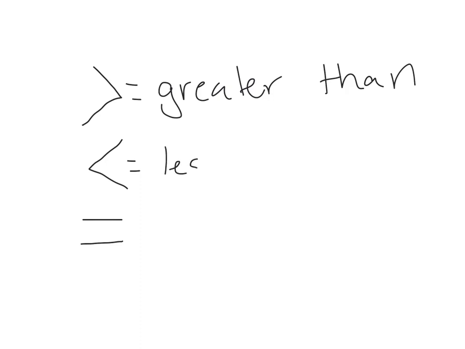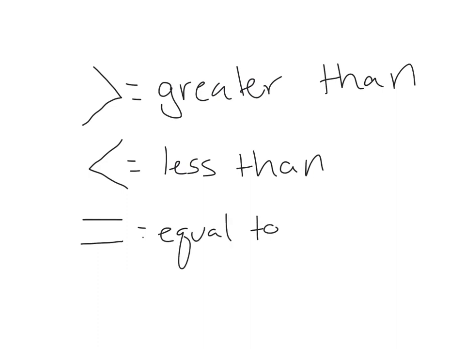This one is less than, meaning the number on the left is less than the number on the right. And this one is equal to, meaning both numbers, the one on the left and the one on the right, are the same.